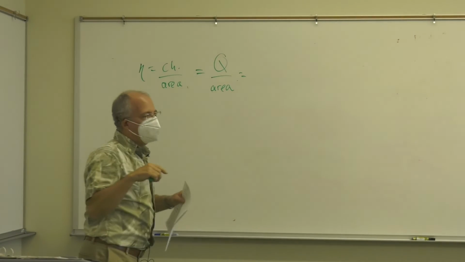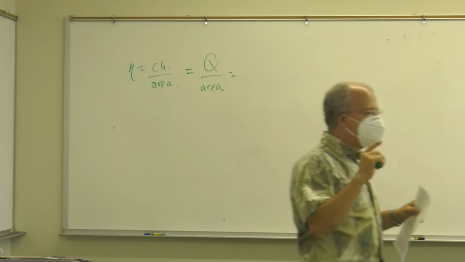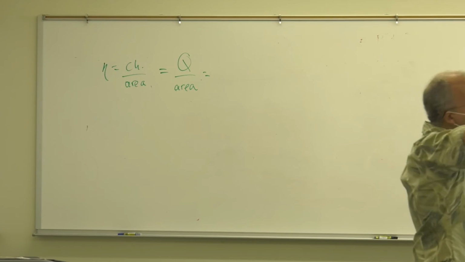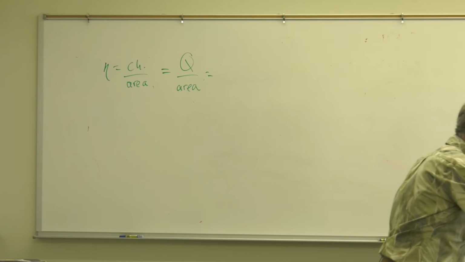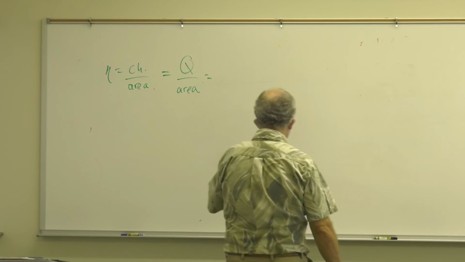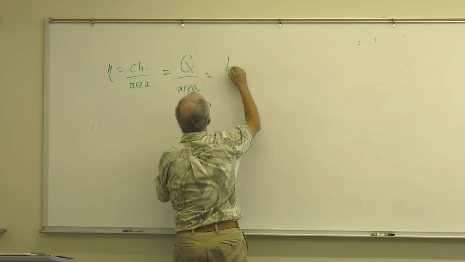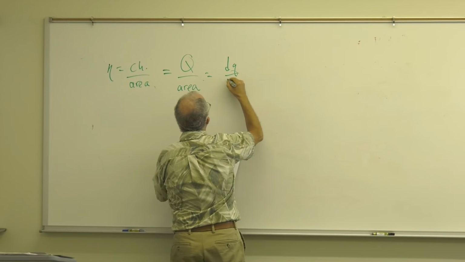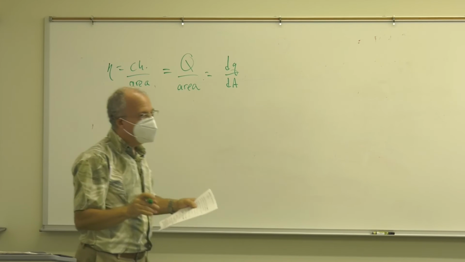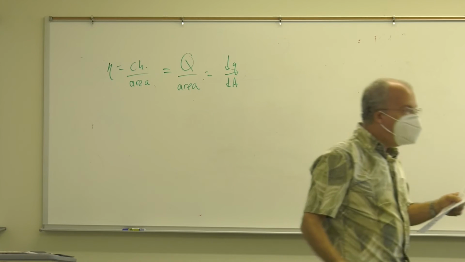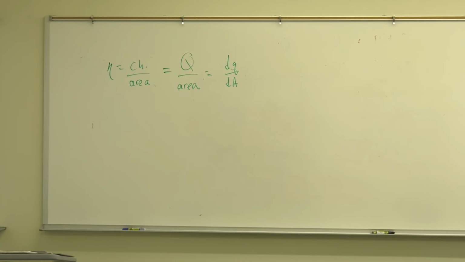Okay, so if eta, which is the charge per area, is the total charge over the total area, that's also equal to the what? Yeah, so it's equal to dq over dA. All right? Now that's important, okay? Total charge, total area, little charge, little area.